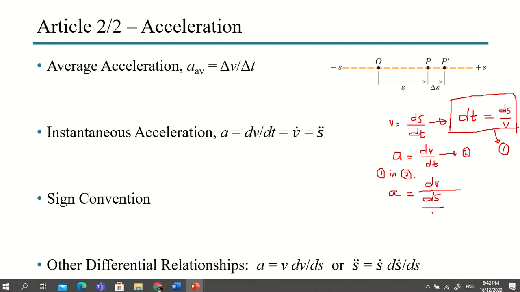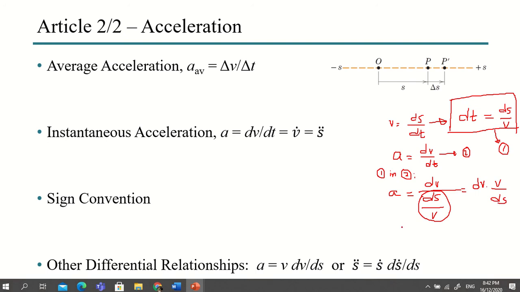So we now have a division of fractions. What is the rule in dividing fractions? The rule is to invert the divisor. This is our divisor, class. Invert the divisor and proceed to multiplication. So this will be dv times, you invert this one, v over ds.